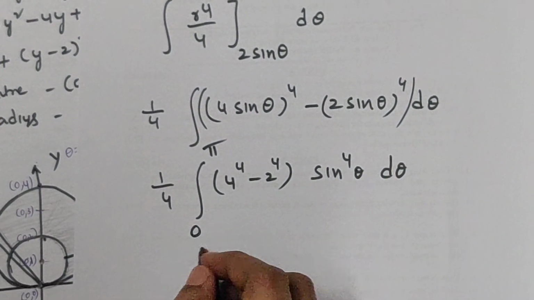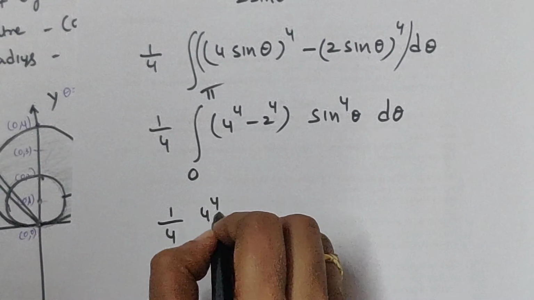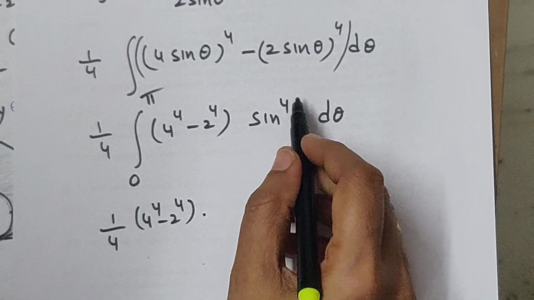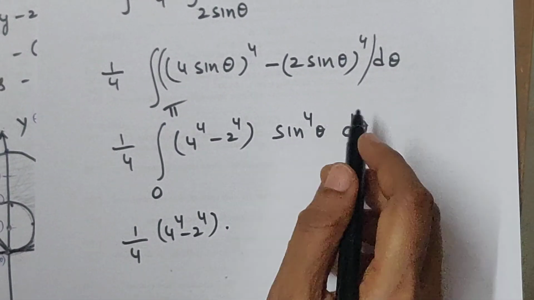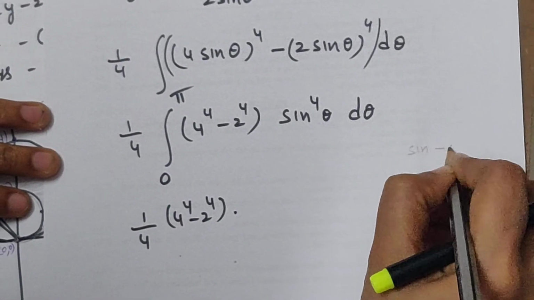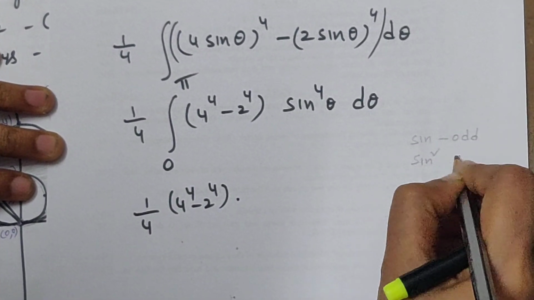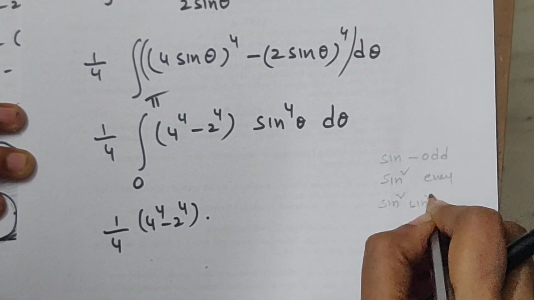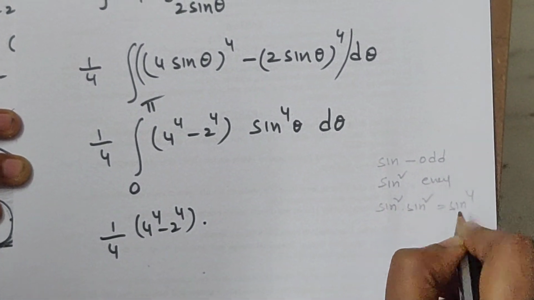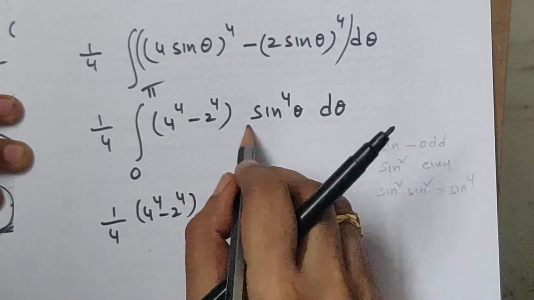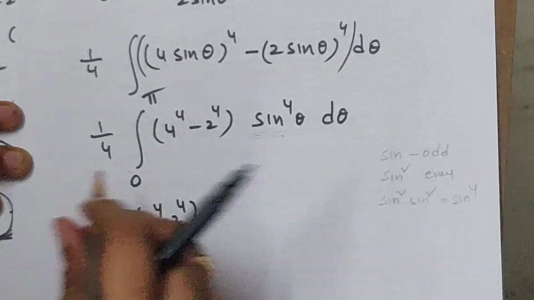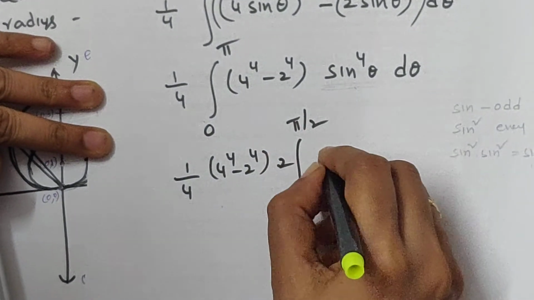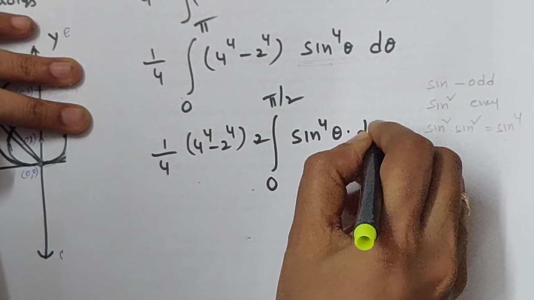Sine is an odd function, sine square is even. The product of two even functions is even, so sine square into sine square, sine power 4, is an even function. So the function under the integral is even, and we may write the integral from 0 to pi as 2 times the integral from 0 to pi by 2 of sine power 4 theta d theta.